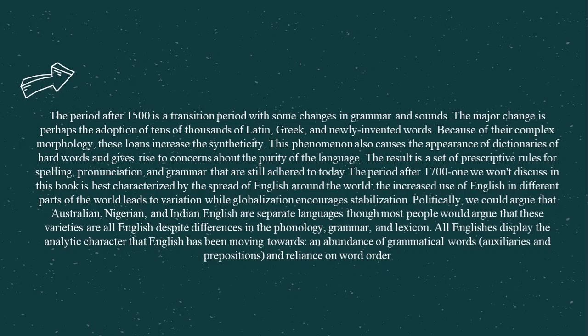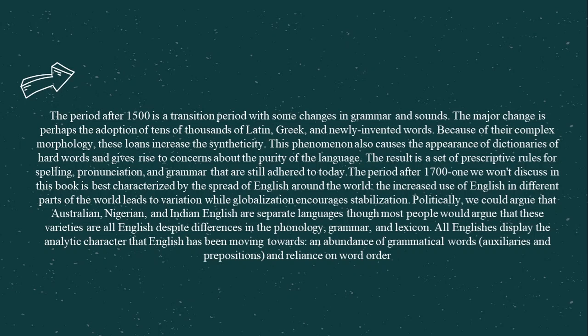The period after 1500 is a transition period with some change in grammar and sounds. The major change is perhaps the adoption of tens of thousands of Latin, Greek, and newly invented words. Because of their complex morphology, these loans increase the syntheticity.